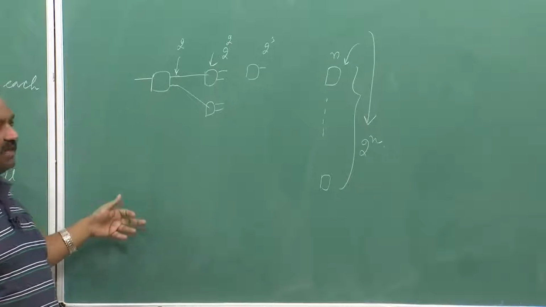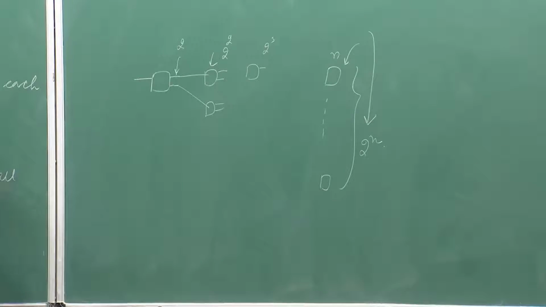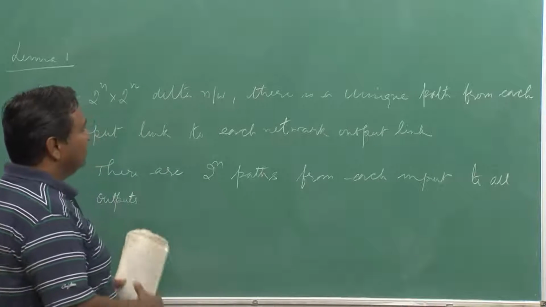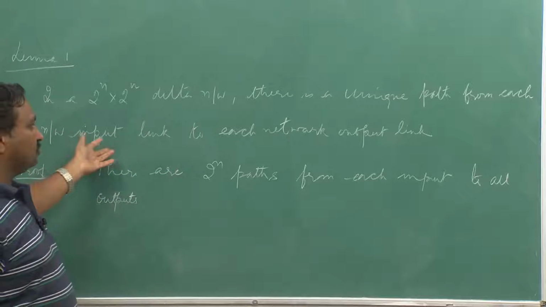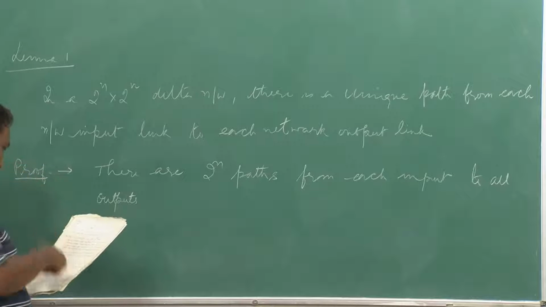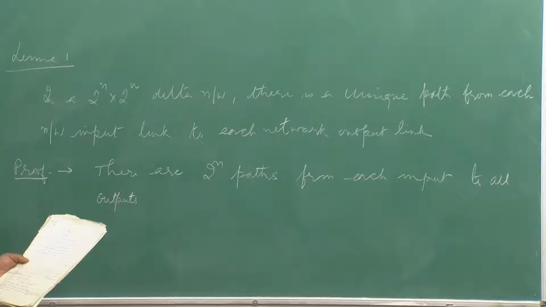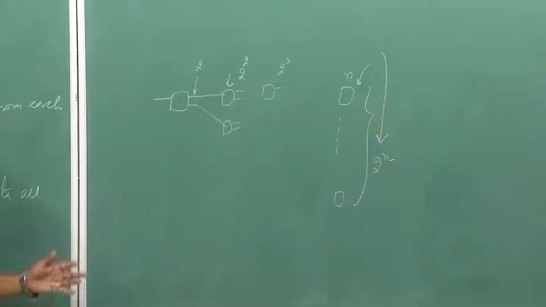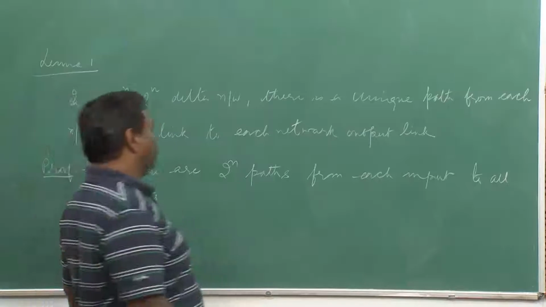This is true for all other inputs also. That is why this particular statement that in a 2 raised power n by 2 raised power n delta network there is a unique path actually holds true. So, whatever is true for this input is also true for all other inputs, and henceforth this lemma stands proved.